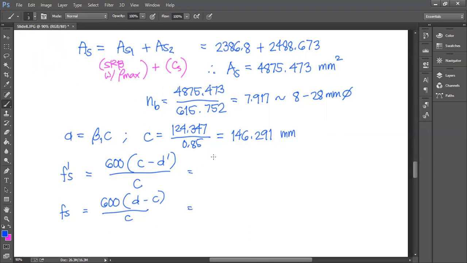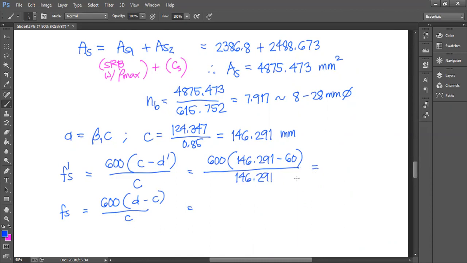F prime S natin, so meron tayong 600 multiplied by 146.291 all over 146.291. So, sorry, meron pa palang minus. Meron tayong minus D prime, which is 60, all over 146.291.